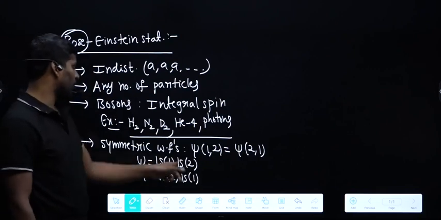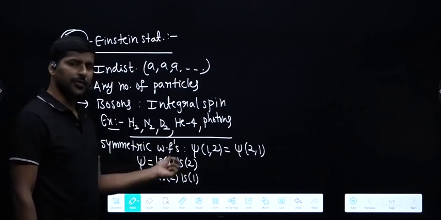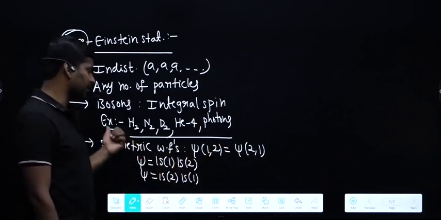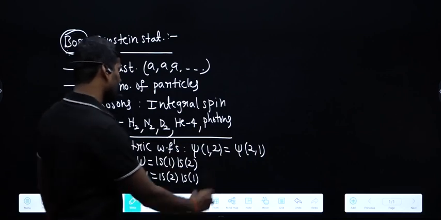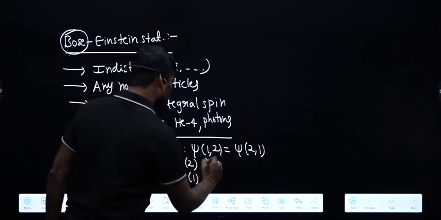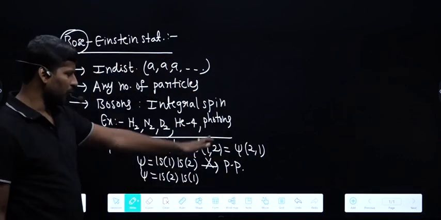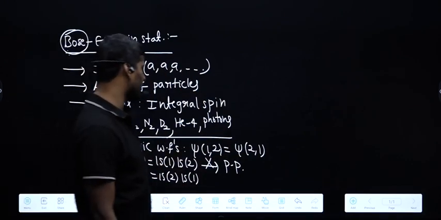Okay, now are we getting the same function or a different function? Same function we are getting. So no change in the sign of the wave function. That is called symmetric wave functions, and symmetric wave functions do not follow Pauli's principle. We will get that in quantum chemistry, just remember that.